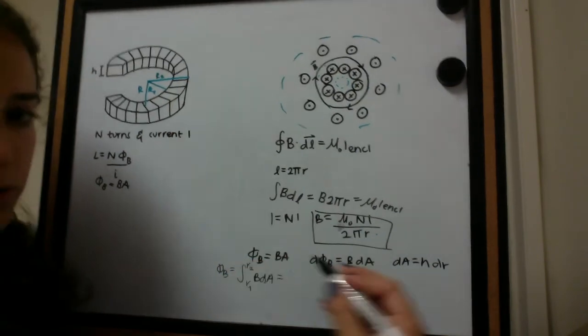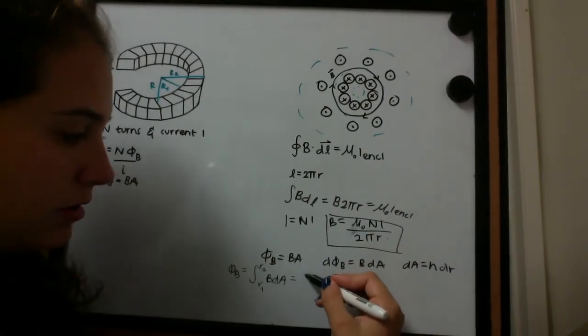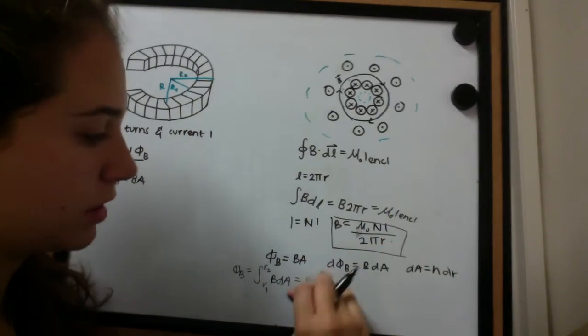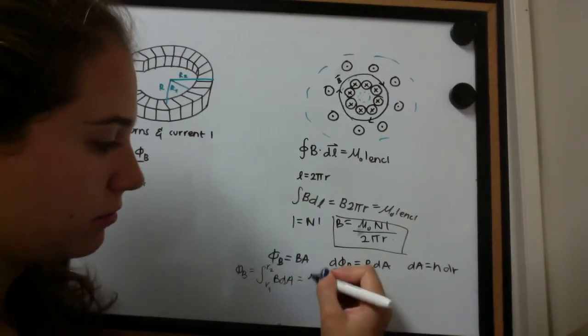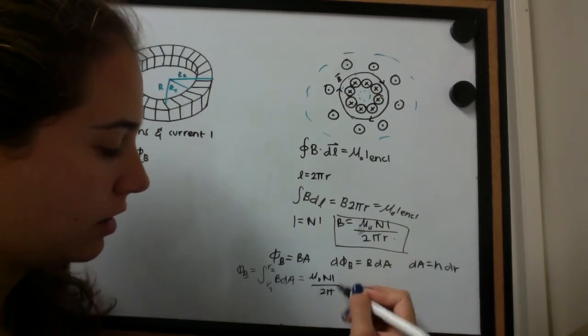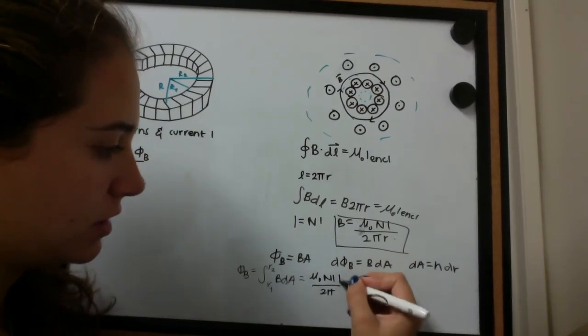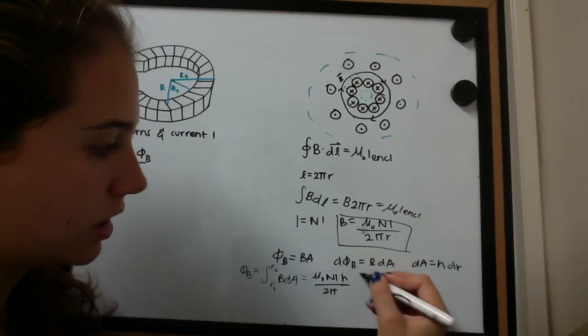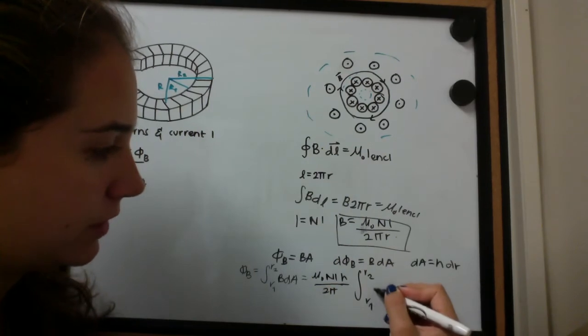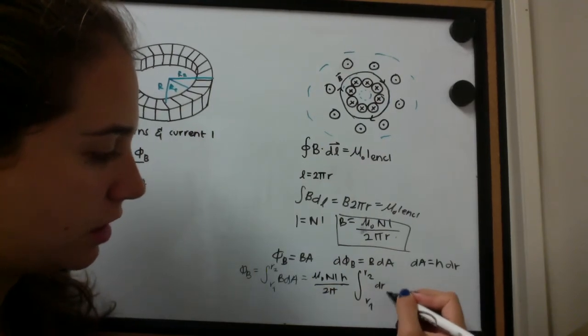This is equal to, well, we have that B equals this up here, mu naught N I divided by 2 pi, times h because of the area right here, and the integral from r1 to r2 is dr divided by r.